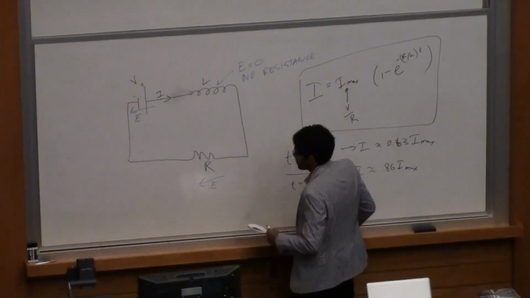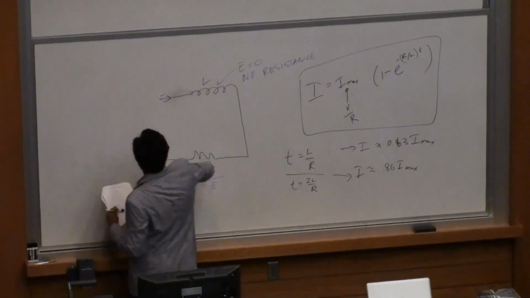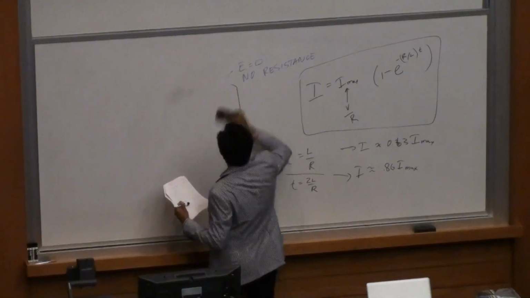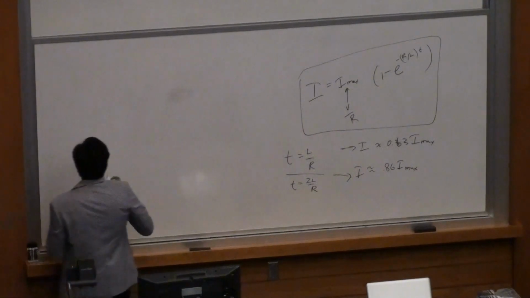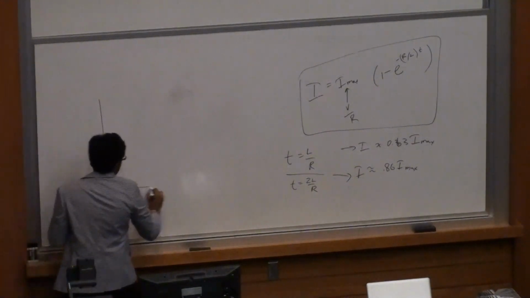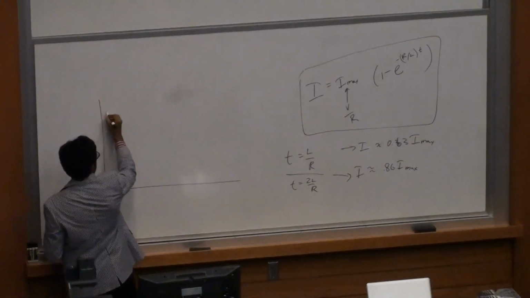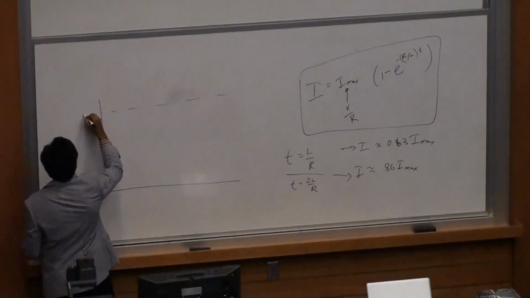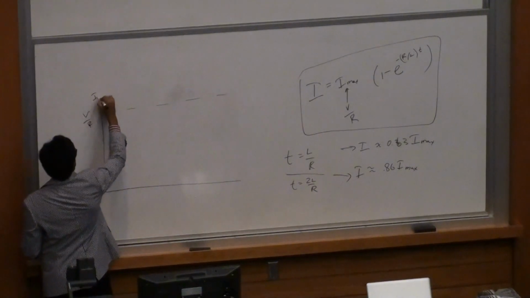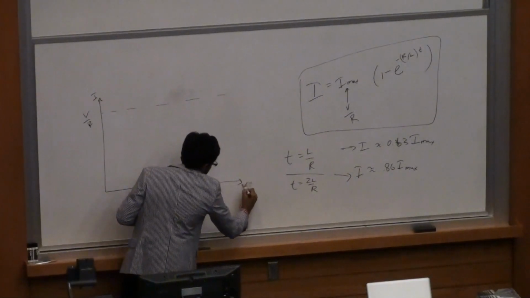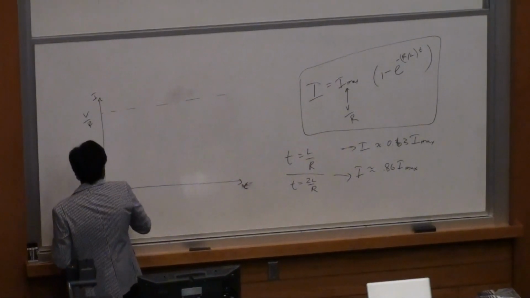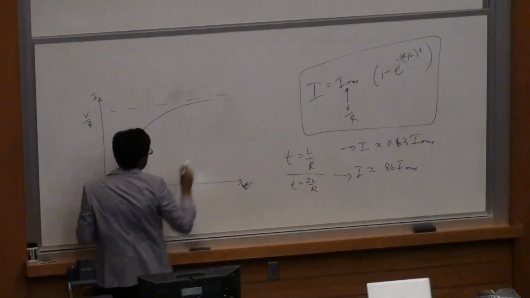If I look at a plot of this, this is my asymptotic limit, V over R, current versus time, and normally it approaches something like this.